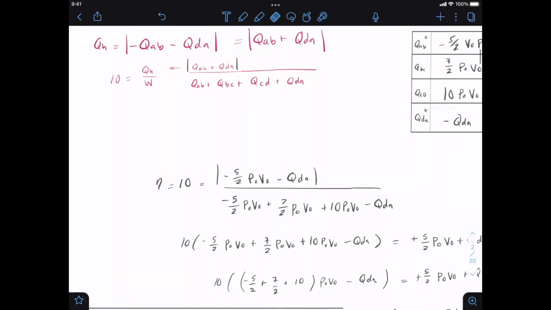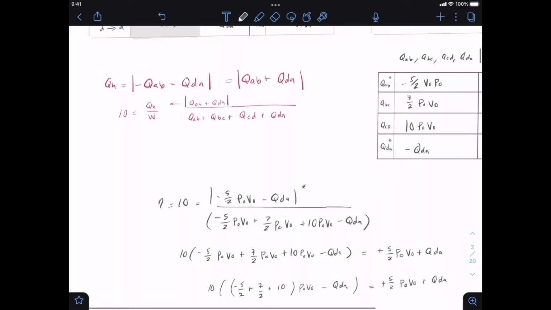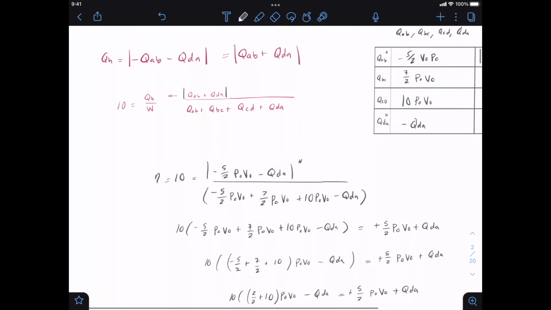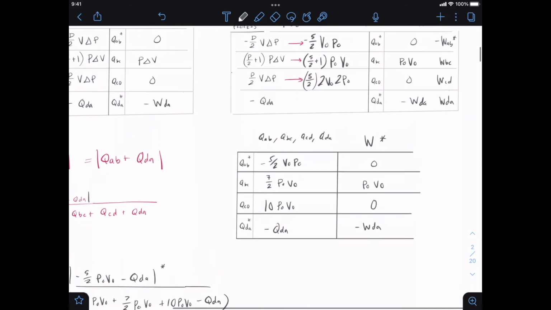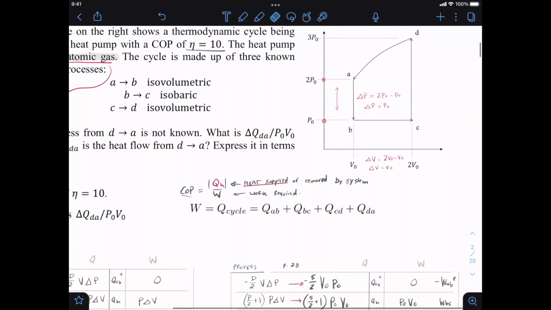So when we're plugging this in, on the top we're going to need the absolute value of this guy and then divide it by the work. This was our equation that we started out with, and then we plugged in all of the terms that we found, like QAB, BC, CD, DA, etc. We modeled the ones that were going down, and going down is a negative heat transfer.